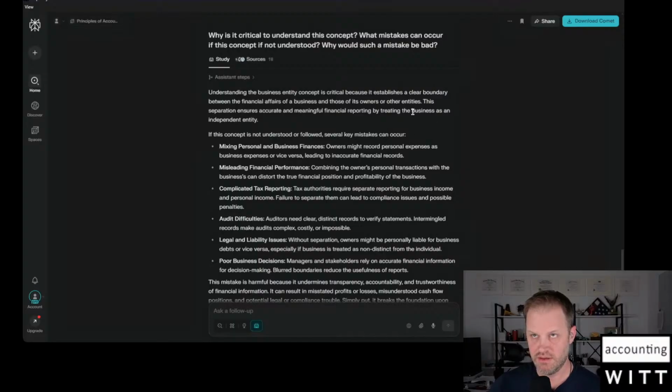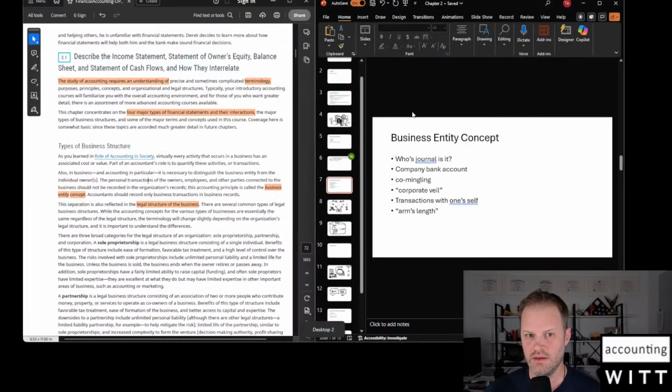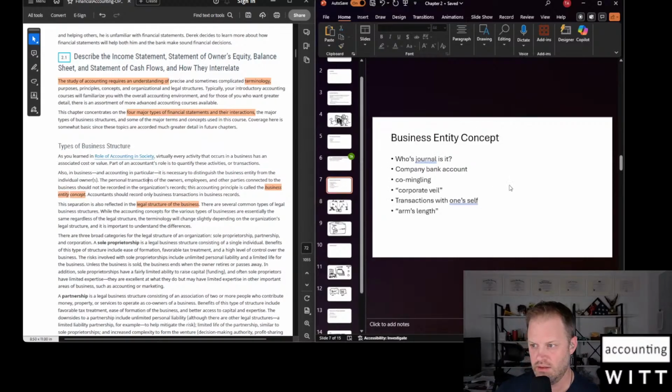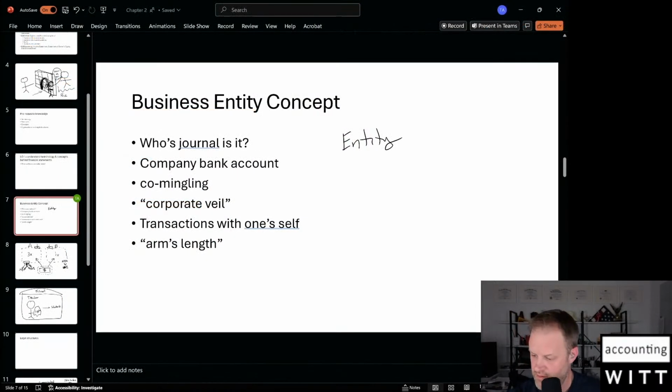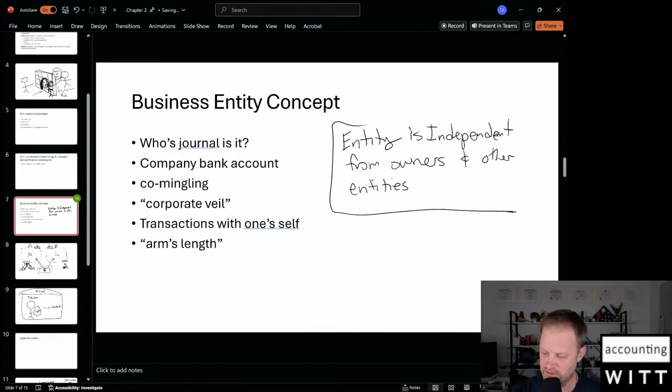Okay, so it's identifying that an entity is independent from owners and other entities. So this might be the core statement.